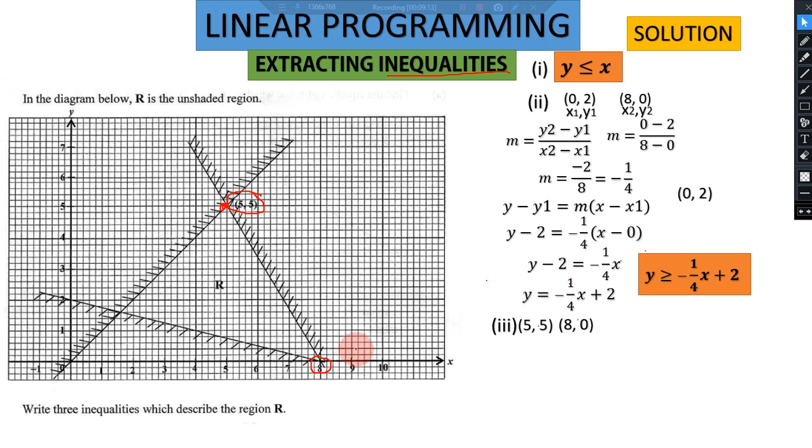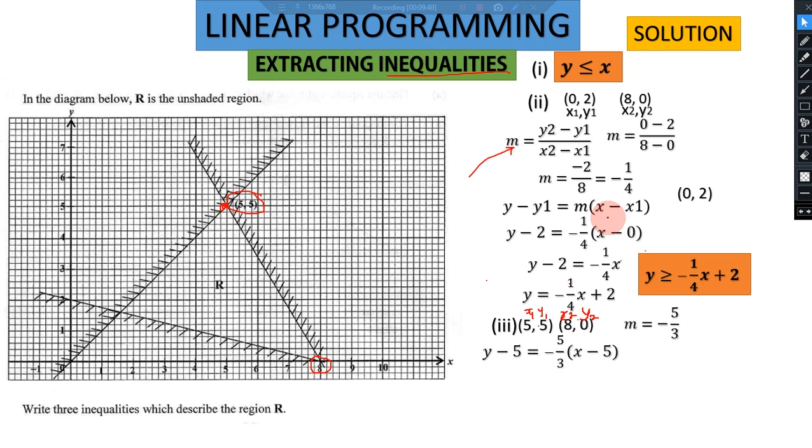When you go back to the formula for gradient and you substitute, this will be your x1, y1, x2, y2. If you substitute your values there, you should be able to find the value for gradient as negative 5 over 3.